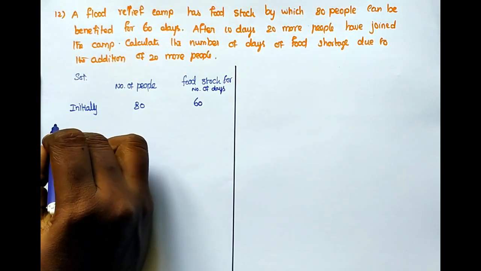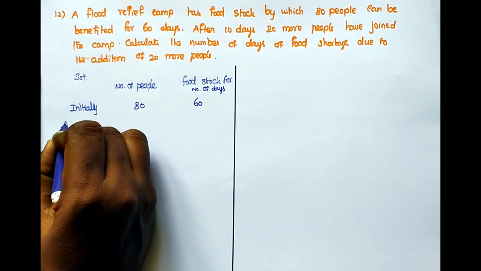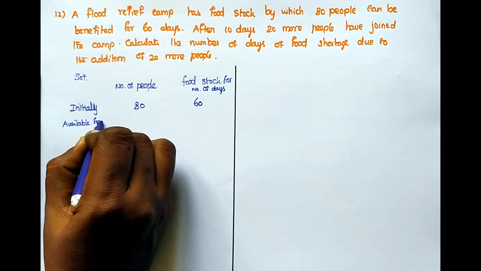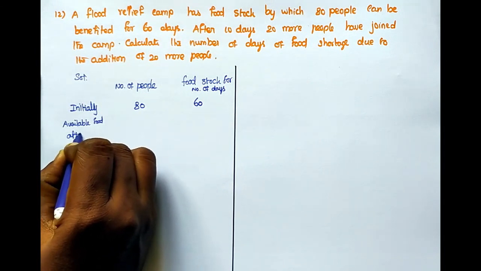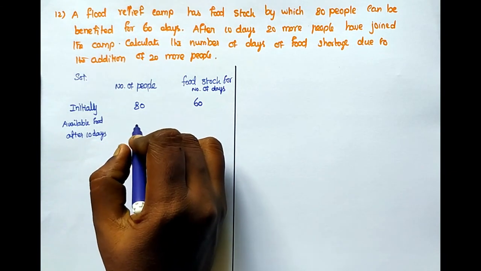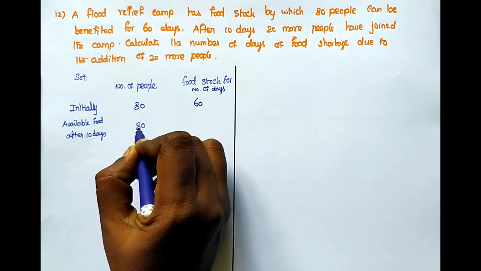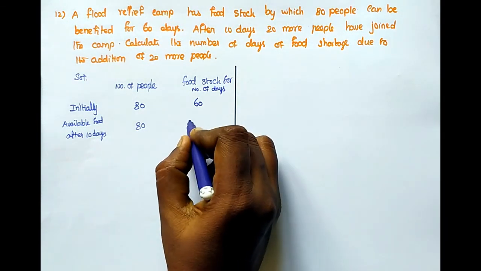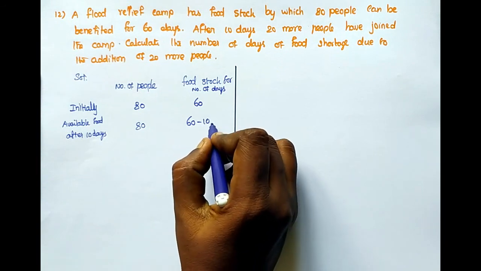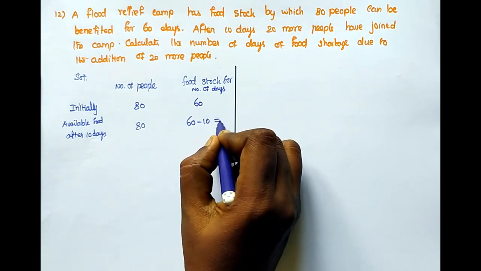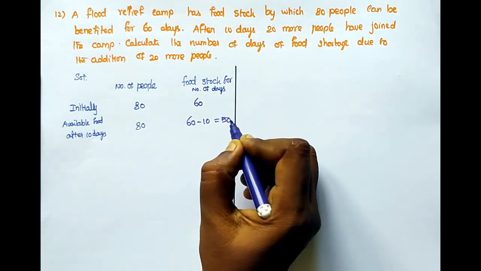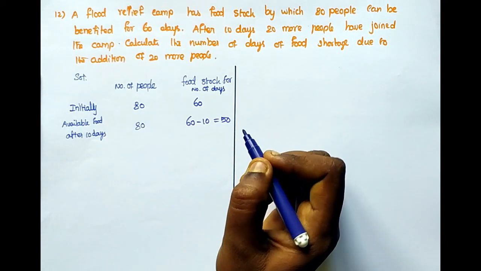And then available food after 10 days. After 10 days also 80 people is there, but the food stock of 10 days will decrease, that means 50 days balance.